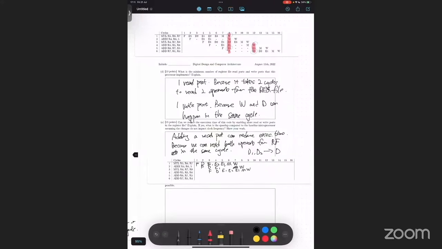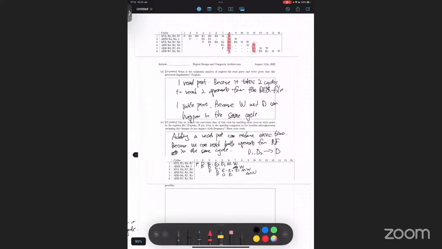And for the fourth instruction, we have fetch, decode, wait for E1, wait for memory, write back.